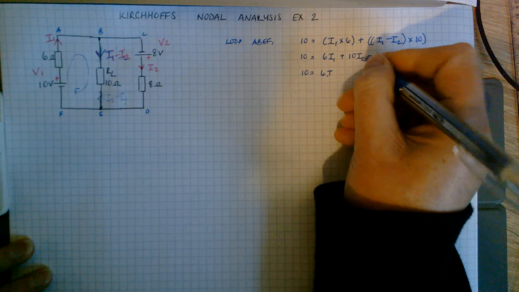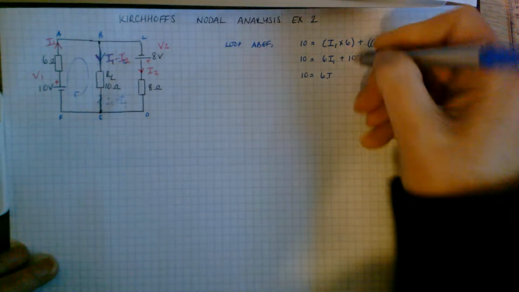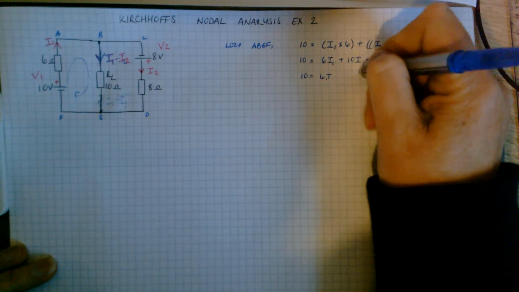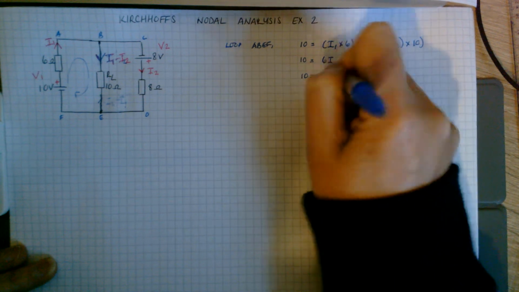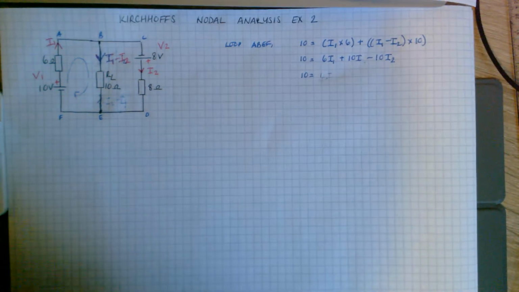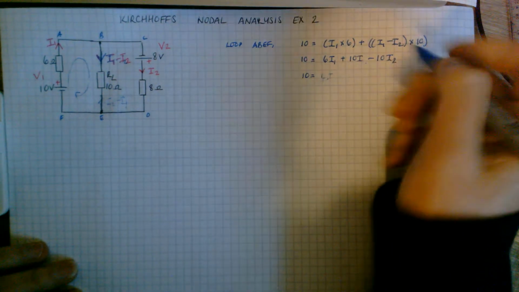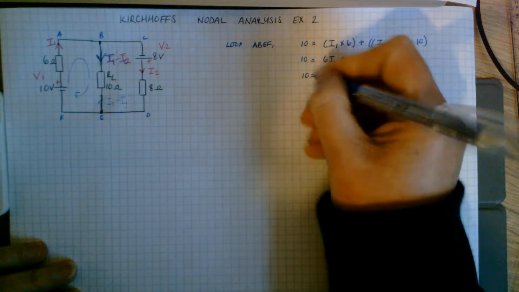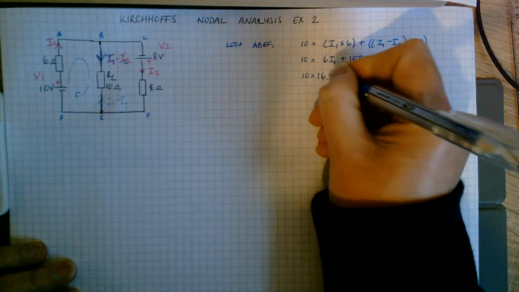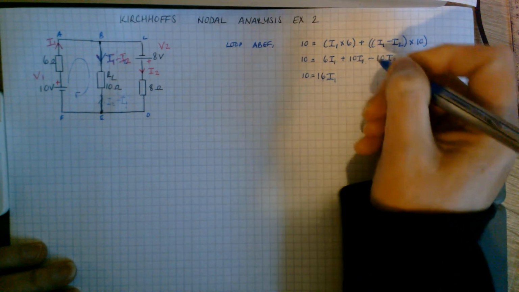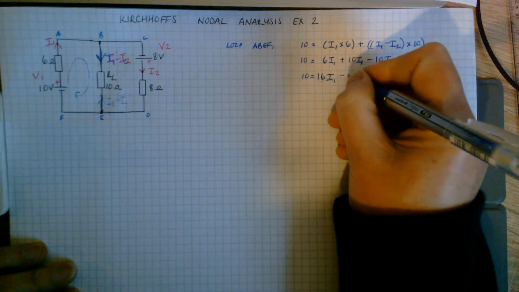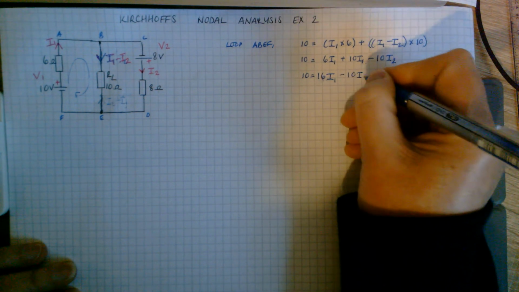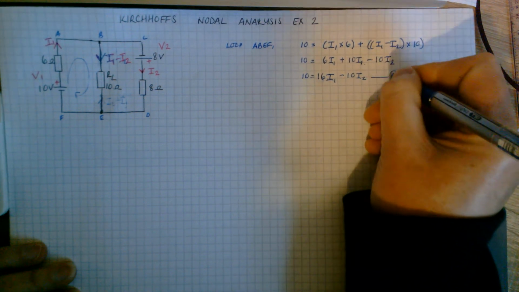Oh, that should be an I1, sorry. It's I1 times 10. So that'll get you 16 I1 minus 10 I2. And that would be your equation 1.